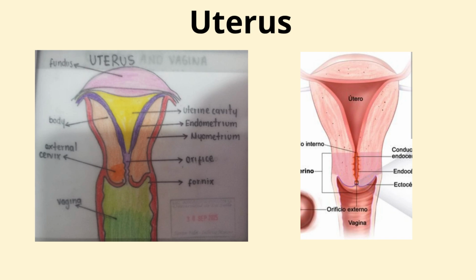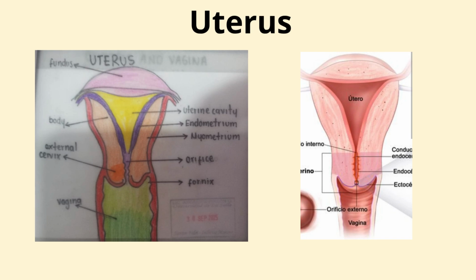Here we have a detailed section of the uterus and vagina. The uterus has three main layers: the endometrium, the inner lining that thickens each month and sheds during menstruation if there is no pregnancy; the myometrium, the thick muscular layer that contracts during labor; and the perimetrium, the outer covering.